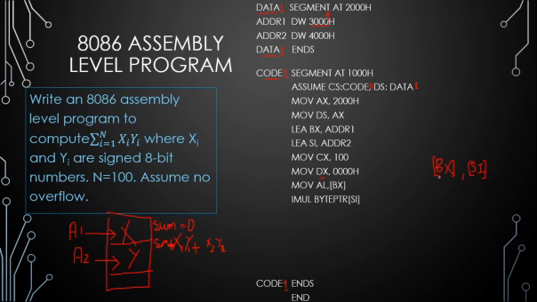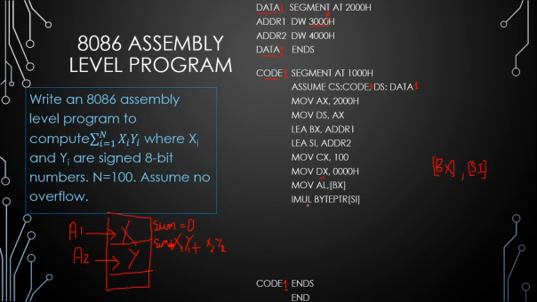Okay, also the multiplication happens only with the accumulator register. Okay, so first we need to move one of the numbers to the accumulator and undergo multiplication step, which will automatically multiply the content of the register mentioned with the accumulator.